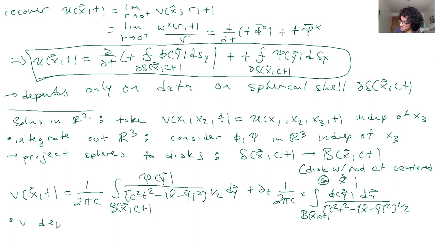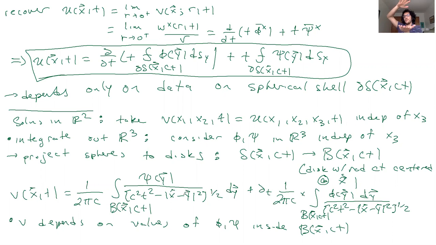So v now is going to depend on values of phi and psi inside of B(x, ct). Notice that these are volume integrals over the inside of the disk. This process of projecting means that I've taken a sphere and projected it down to a disk, so that shell has been projected to a disk volume.